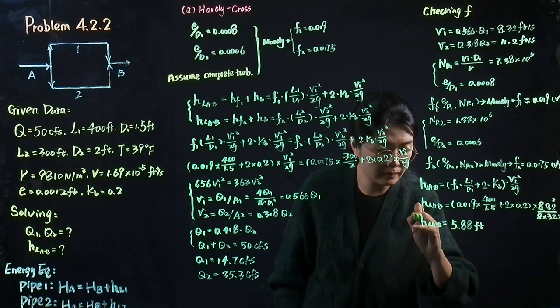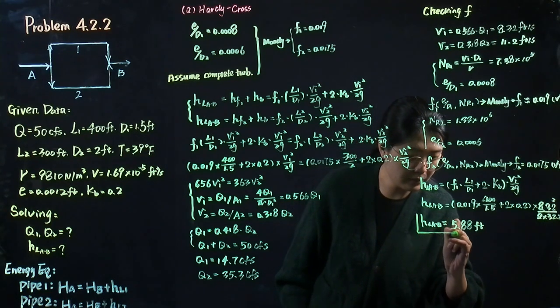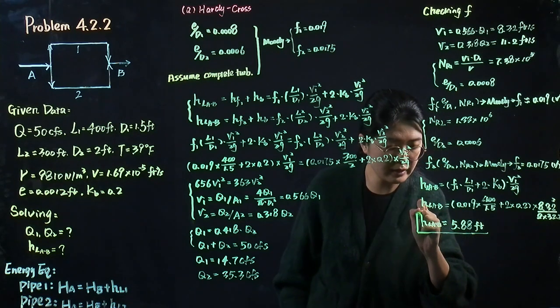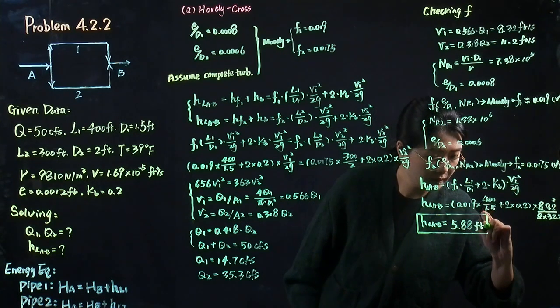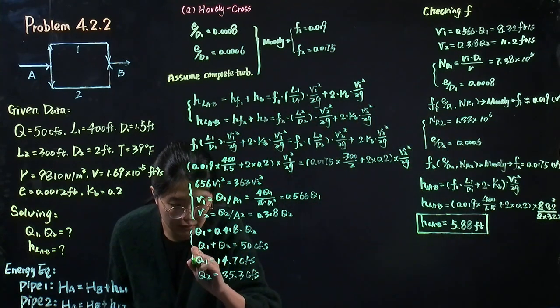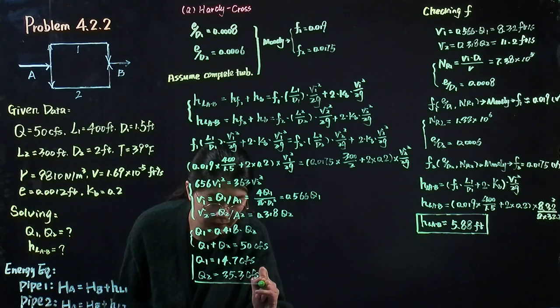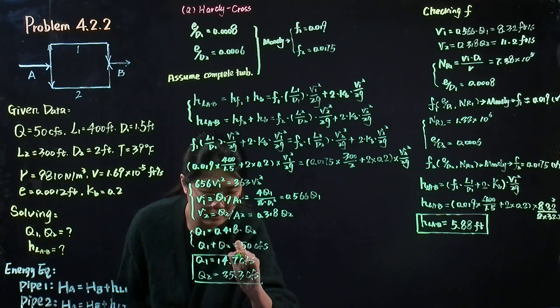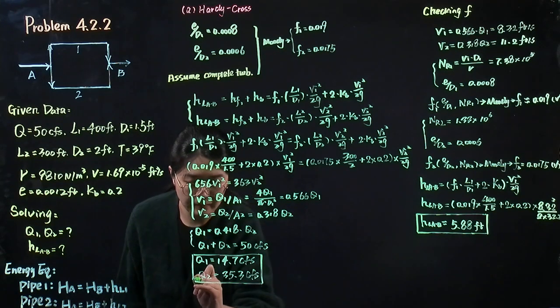So the result by using the Hardy-Cross principle is this one, and the flow rates in pipeline 1 and 2 are shown here.